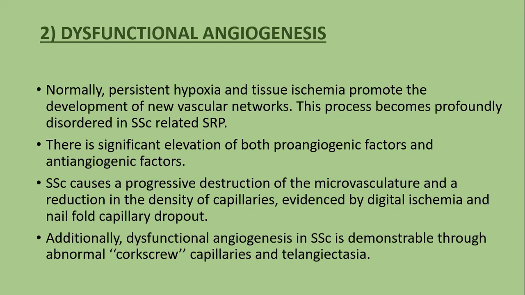Systemic sclerosis causes progressive destruction of microvasculature and reduction in density of capillaries, which is evidenced by digital ischemia and nail fold capillary dropouts. Additionally, the dysfunctional angiogenesis in systemic sclerosis is demonstrable through abnormal corkscrew capillaries and telangiectasias, mainly at the nail fold.